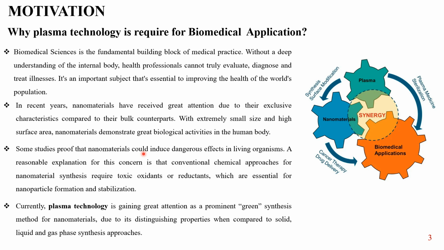Earlier studies proved that nanomaterials could induce dangerous effects in living organisms. The reasonable explanation for this concern is that the conventional chemical approaches for nanomaterial synthesis require toxic oxidants or reductants, which are essential for nanoparticle formation and stabilization.